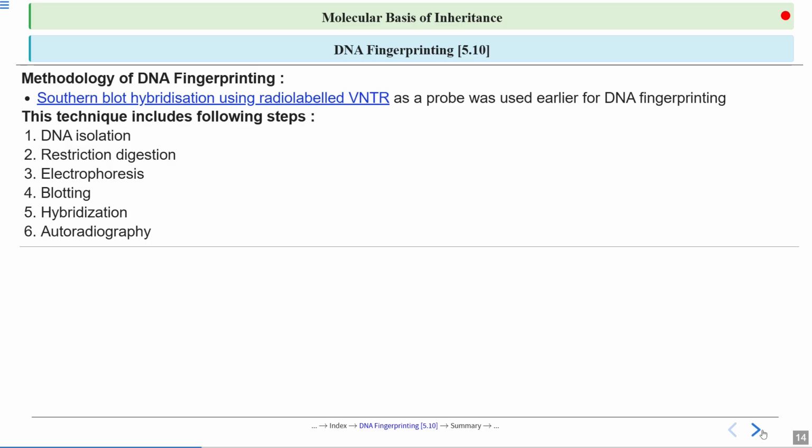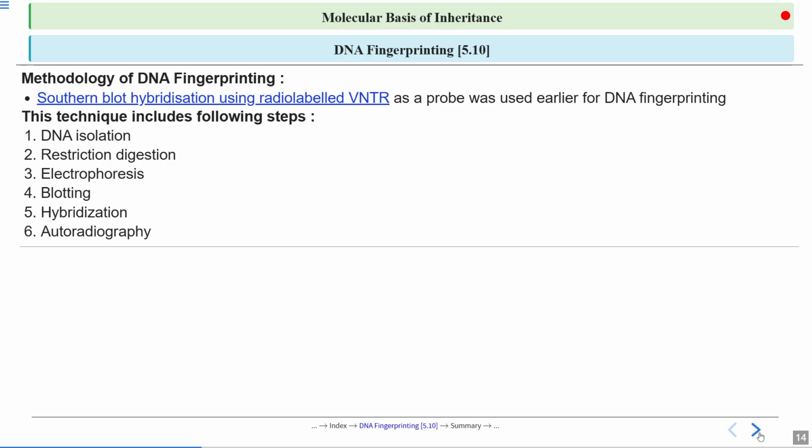These are the different steps performed in this technique. We will read about each and every step properly. So let's start.